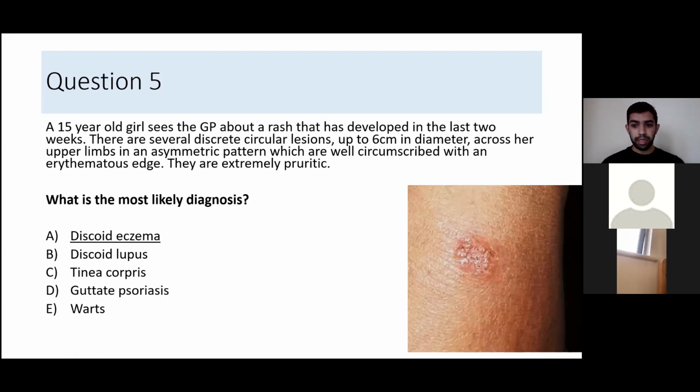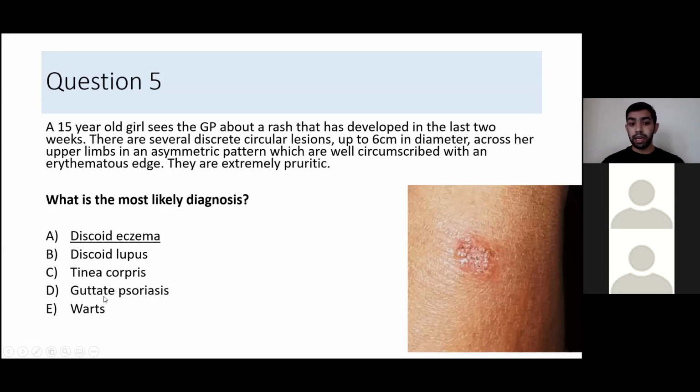And the other thing that points away from it is the fact that you can see this picture, and Tinea corporis tends to have a very marked erythematous ring with some very slightly normal skin in the middle. Okay, but this is quite classical of a discoid eczema. Okay, guttate psoriasis.